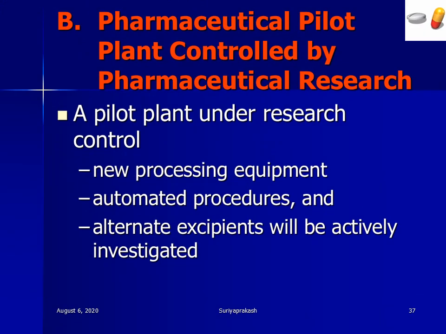Now, R&D persons, the pilot plant under research control, always look out for newer things. They will plan how new processing equipment can be used effectively, and they will always look for automatic machines, automated procedures, and also actively investigate the newer excipients that have come into the market.